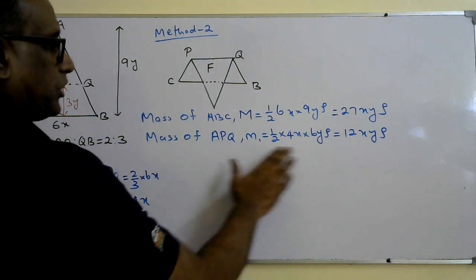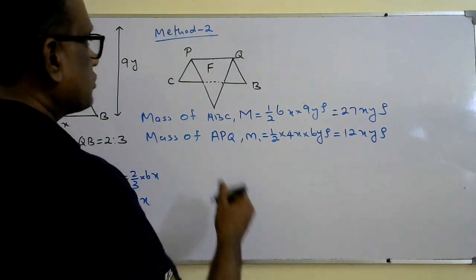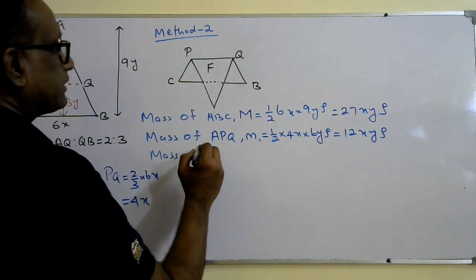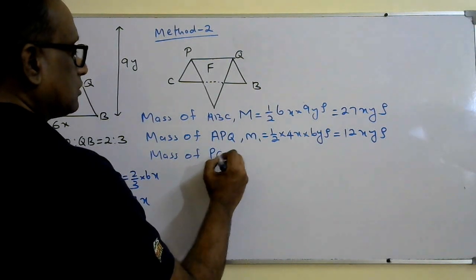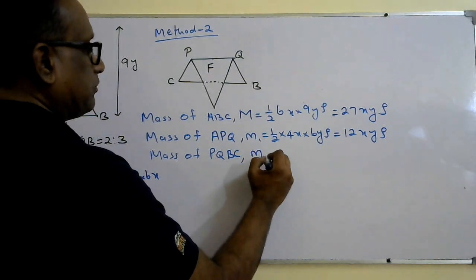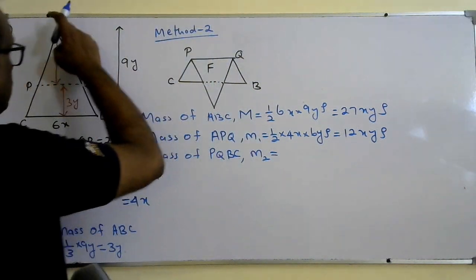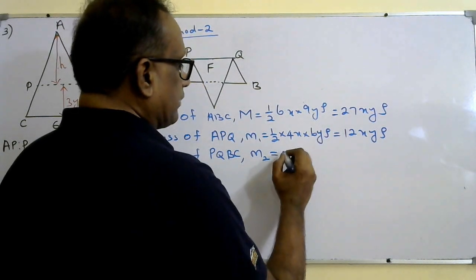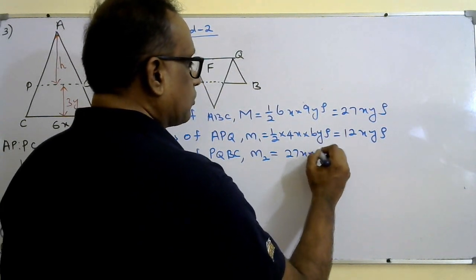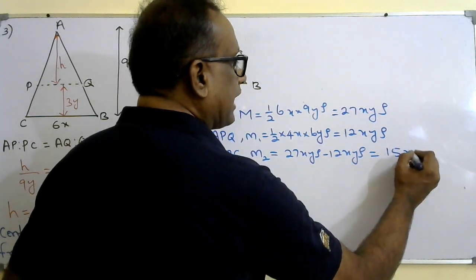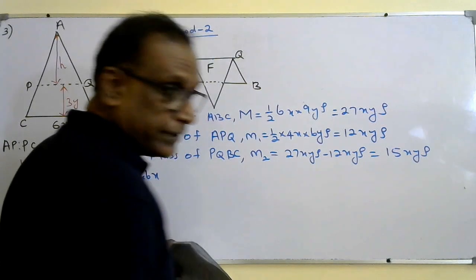So the mass of APQ, we found it already. Now what's the mass of the trapezium PQBC? That is M2, equal to the total mass 27xy rho minus 12xy rho, that is 15xy rho, the mass of the trapezium.